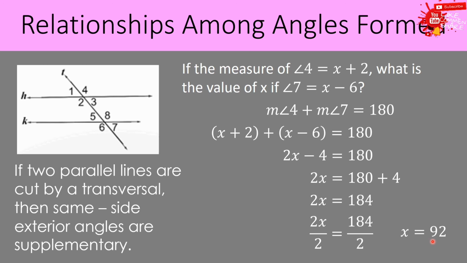When you come up with a problem involving equations, you must remember to find the relationships among the angles formed. Are they corresponding angles, alternate exterior angles, alternate interior angles, same side interior angles, or same side exterior angles?